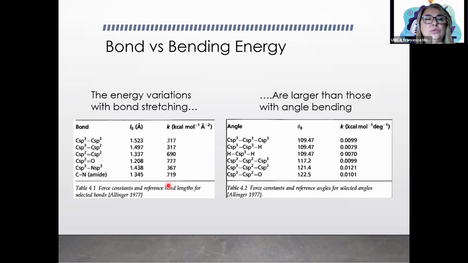Let's stop shortly to make some consideration about the difference in energy between bond stretching and bending energy.